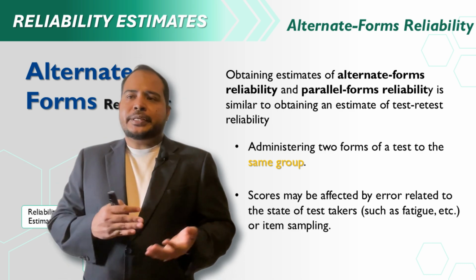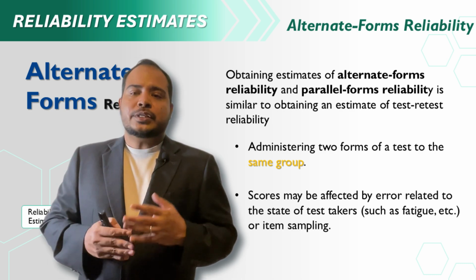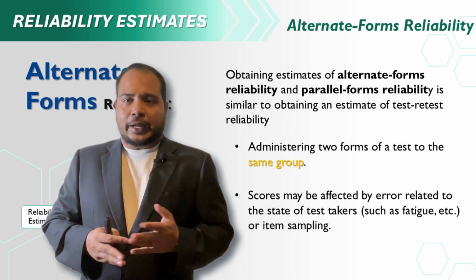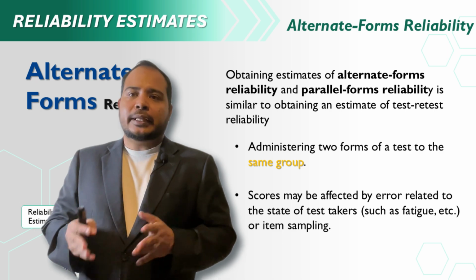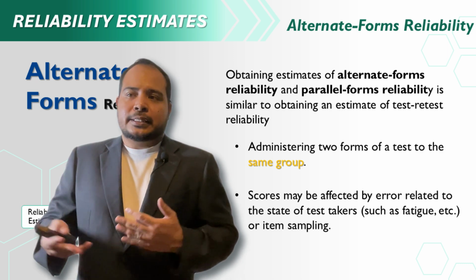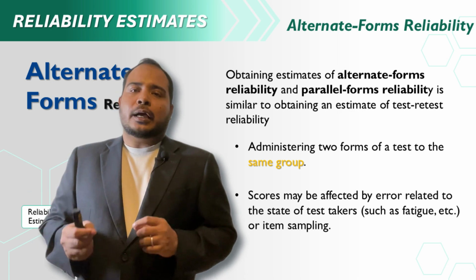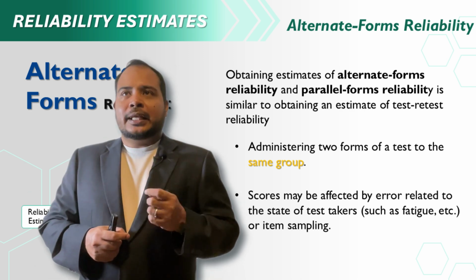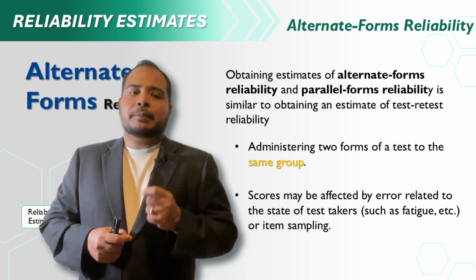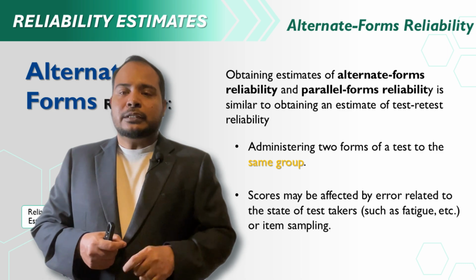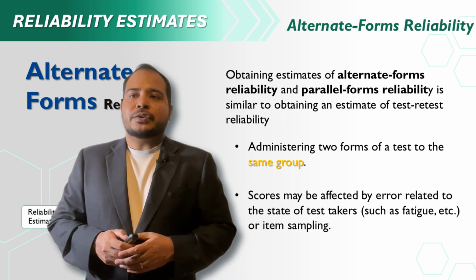We administer two forms of a test to the same group of people. Scores may be affected by error related to the state of test takers, such as fatigue, or by item sampling. So we have to make sure that we minimize the sources of error that we learned about in the previous part.